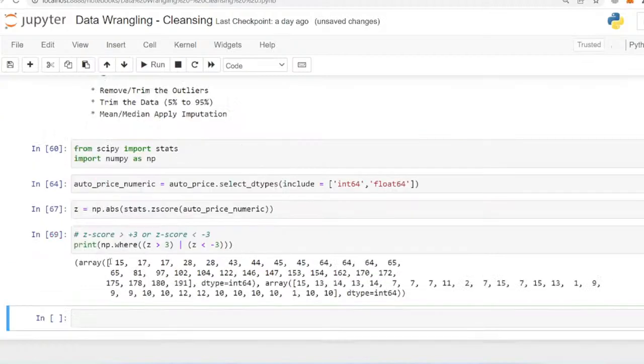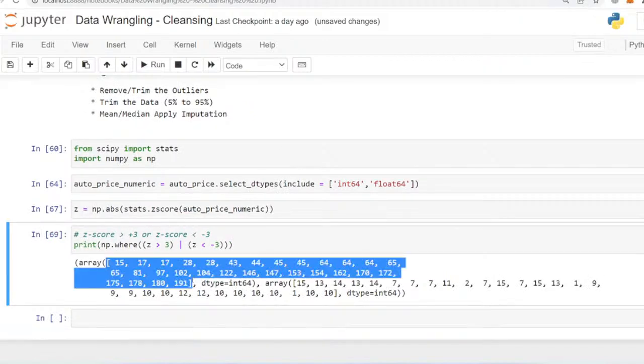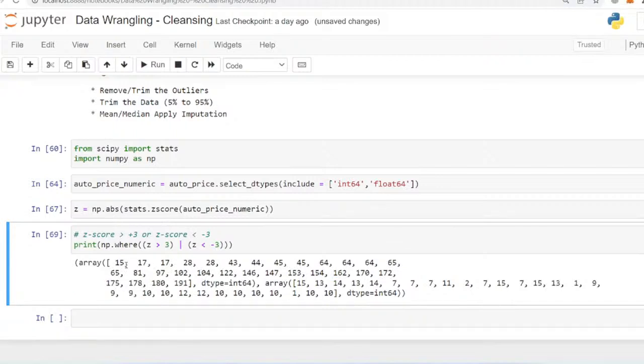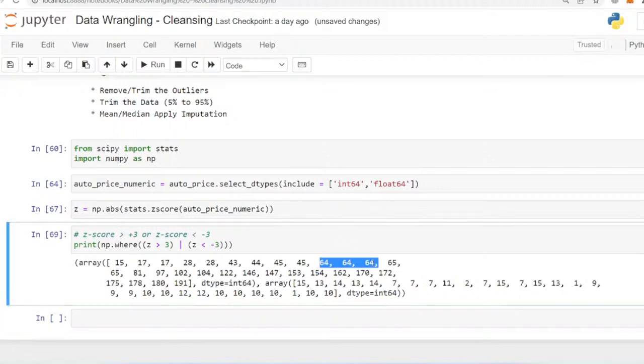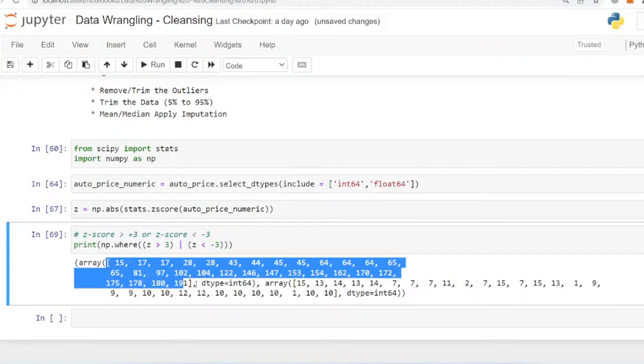So this is what your indexes are, and you can target them. For different columns, we are getting the same indexes because they are different columns. First of all, this is what your indexes are, these highlighted values.